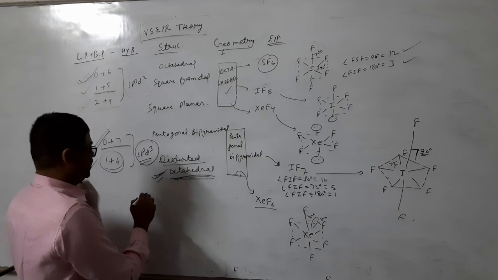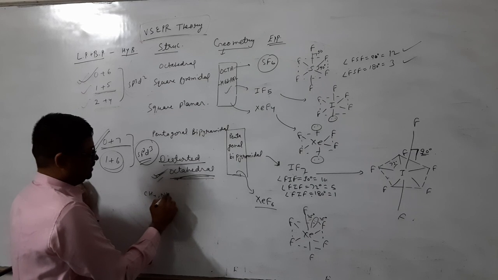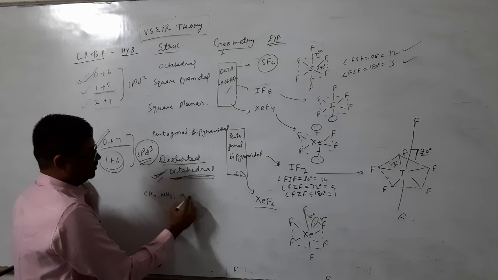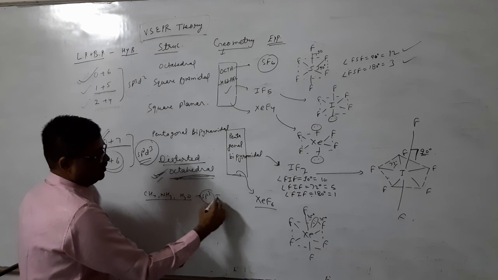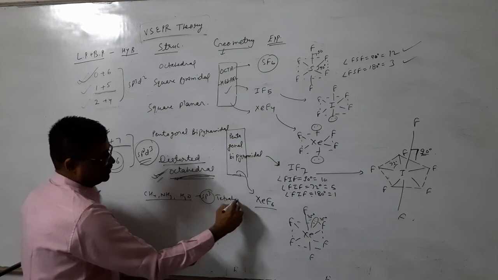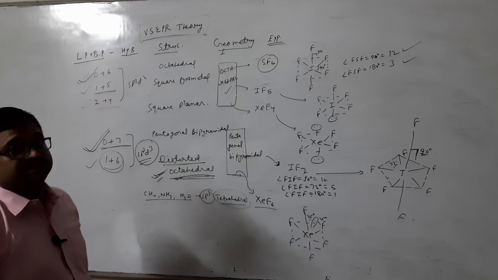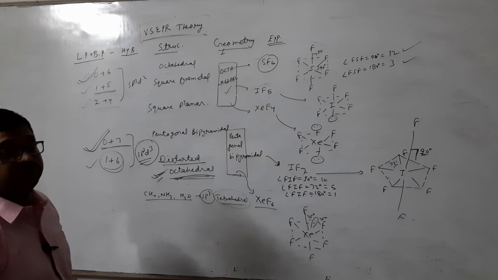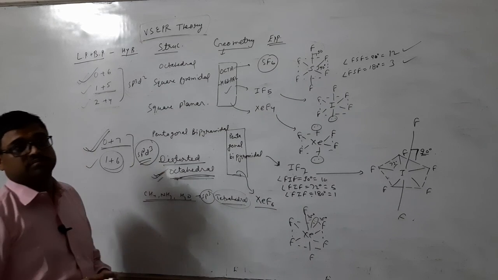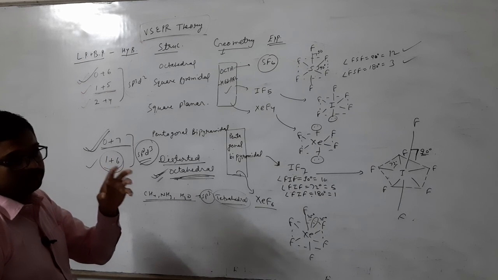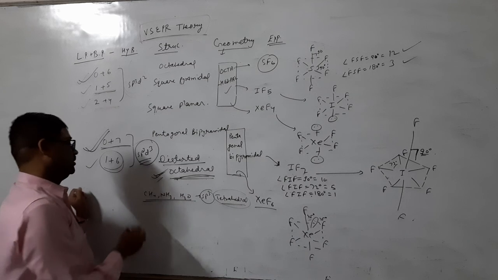Now I am taking the next case. A question generally comes that CH4, NH3, ammonia and H2O all have sp3 hybridization with tetrahedral geometry. Clear? But they have different shapes and structures. Why? The answer comes from one of the points of VSEPR theory, valence shell electron pair repulsion theory.